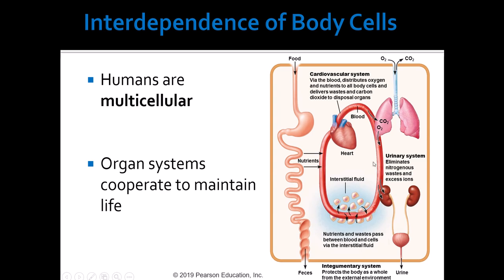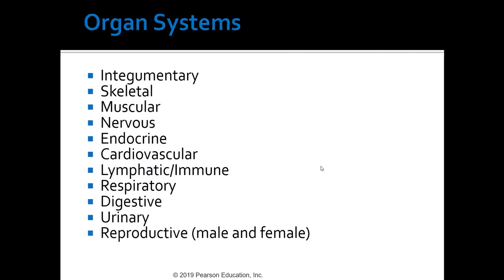And in order for all of these body organs to have enough energy to do all of the things that they do, we need to take in nutrients through our digestive system. And so it is really a very interdependent, multifunctional, multi-cooperational organism that we human beings are. We do have 11 different organ systems.